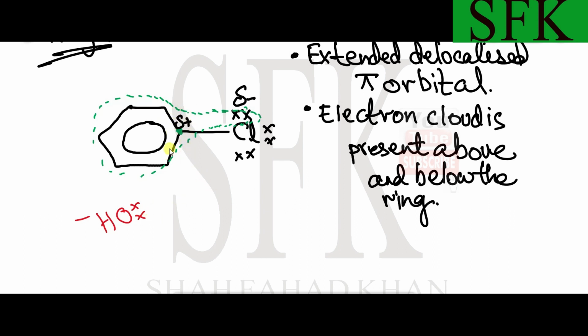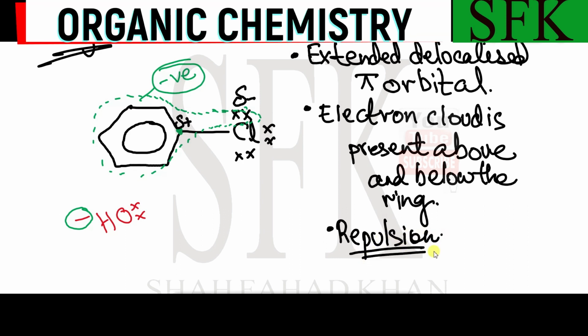But when the nucleophile tries approaching this carbon atom, since the nucleophile has a negative charge and the electron density is also negatively charged, the electron density will repel the OH negative and prevent it from approaching this carbon atom. So the repulsion between the electron density and the nucleophile prevents the nucleophile from approaching the partially positively charged carbon atom.